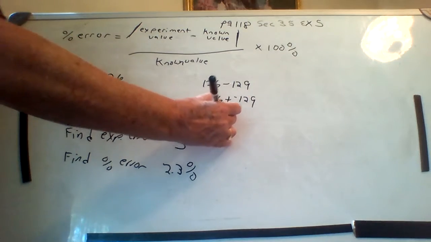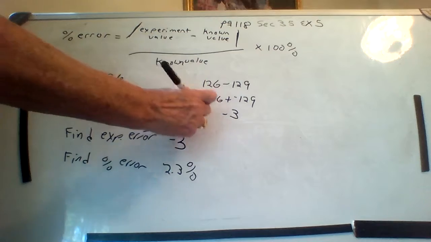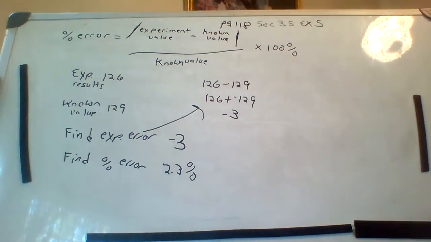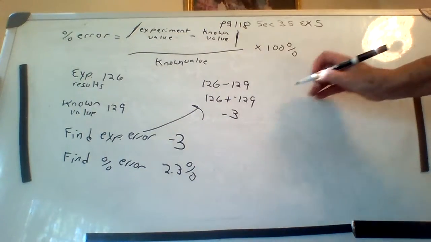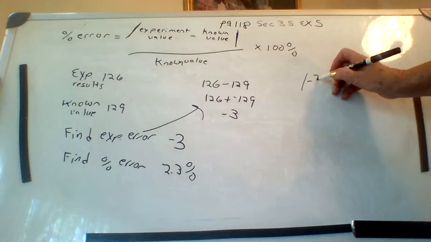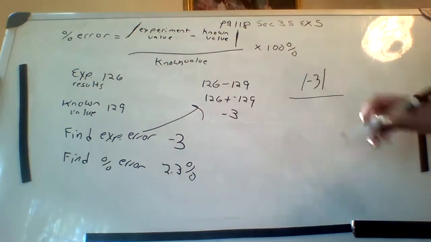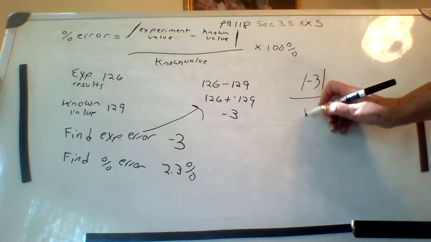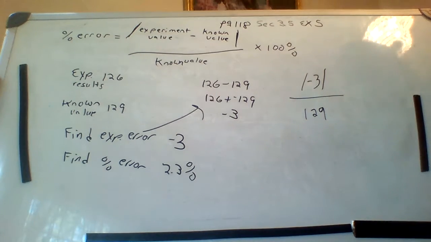So when you subtract here, you're going to get a -3. That was that one. Now I find the percent error. I'm going to use this formula. So I'm going to take the absolute value of a -3 because that's the change. That's what we found here. Over the known value. The known value is 129. In other words, that should have been what the correct answer was.